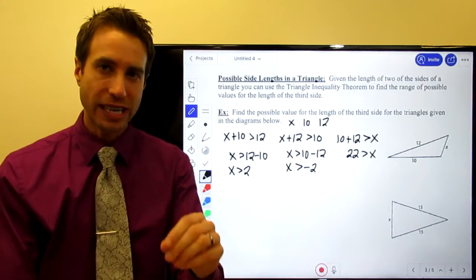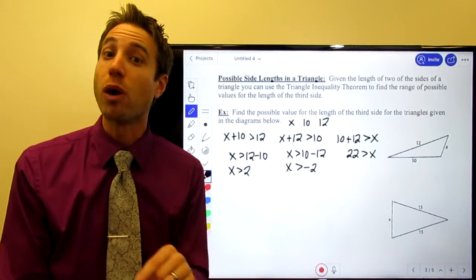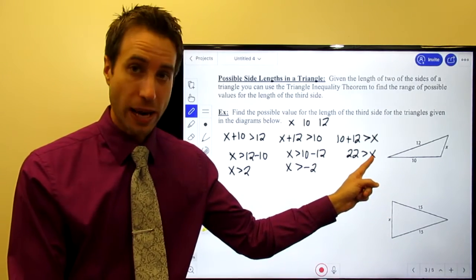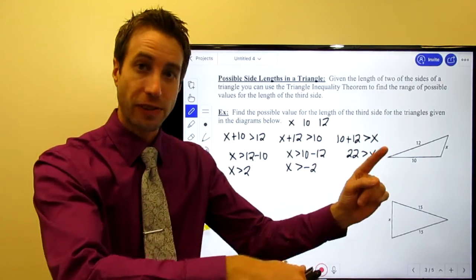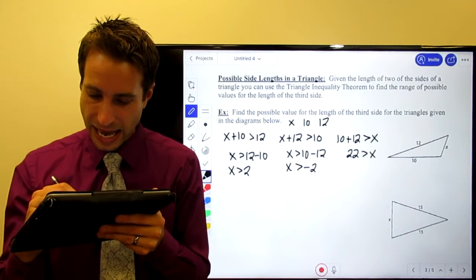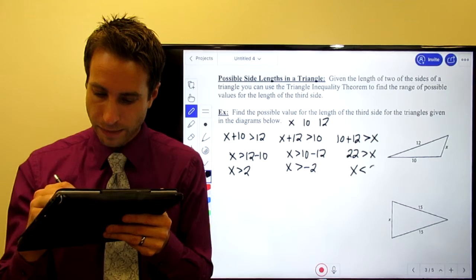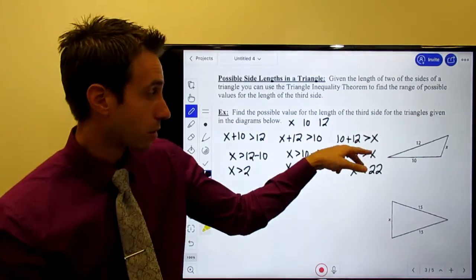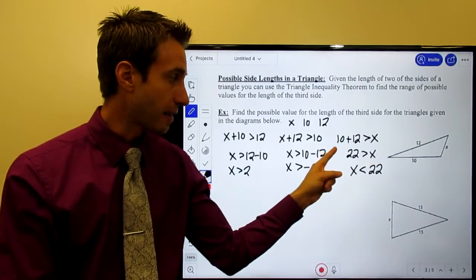Again, really important when it comes to inequalities, you want your variable to be on the left-hand side. My x is on the right-hand side, so let's just flip that over and I get x is less than 22. Exact same thing. I'm just switching them around, putting the x on the left and the 22 on the right.